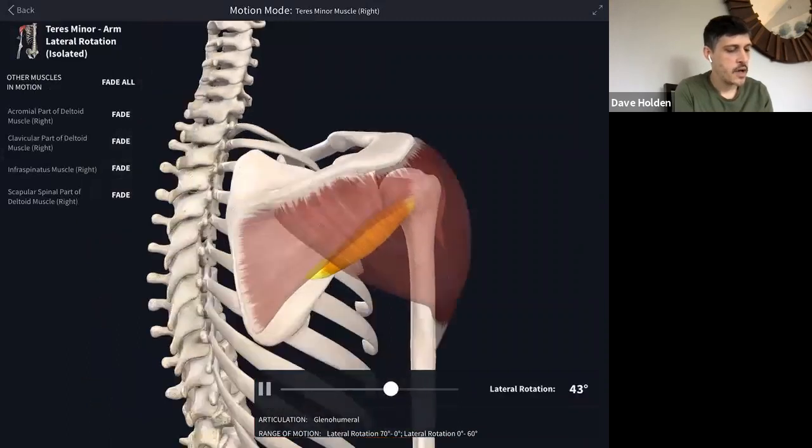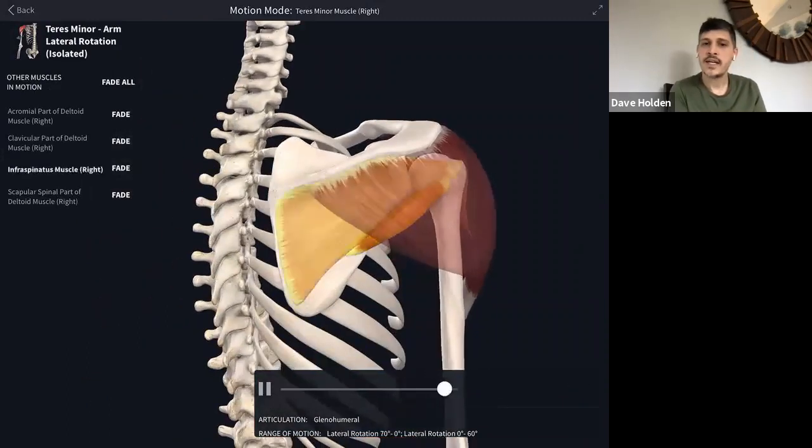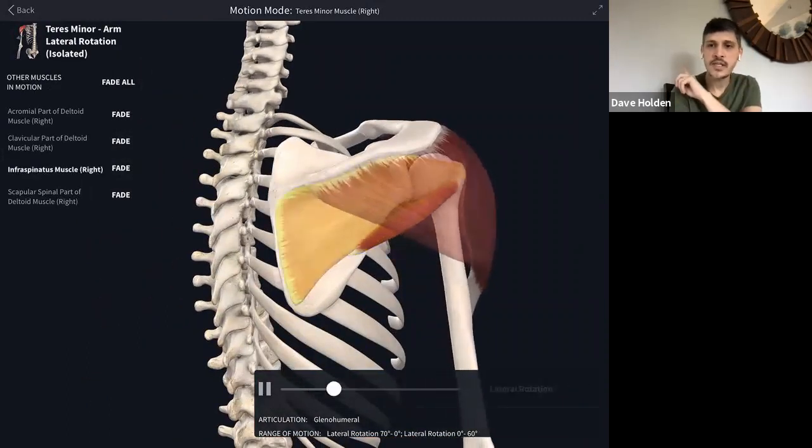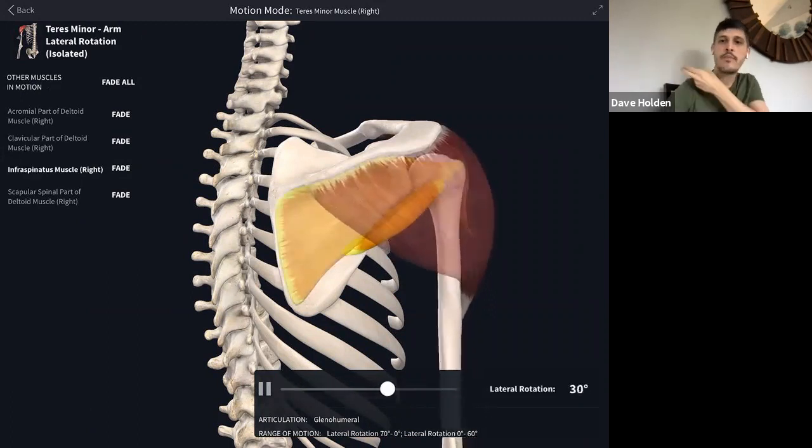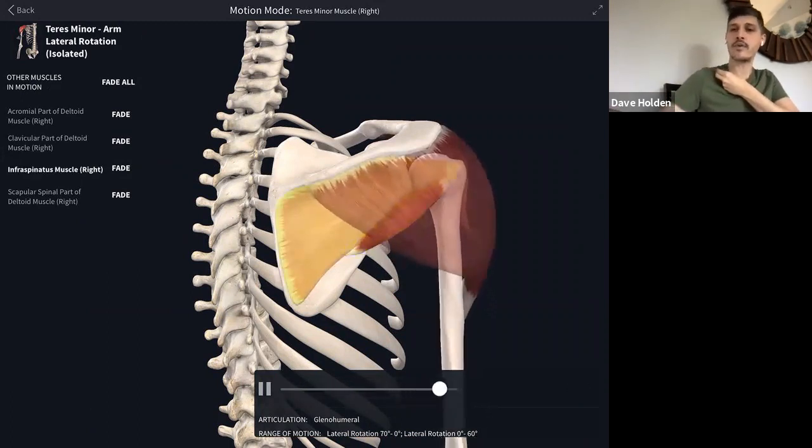And we see the same thing with teres minor. Because it's inserting on the posterior humerus, when the muscle shortens, it will pull into a lateral rotation.